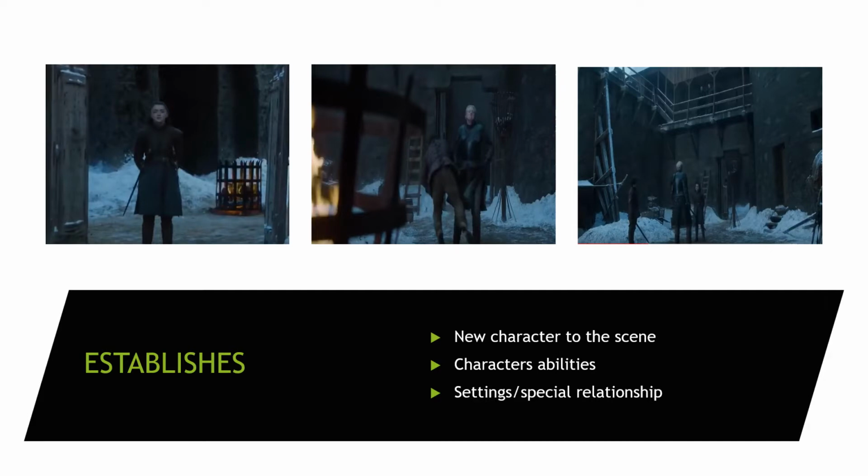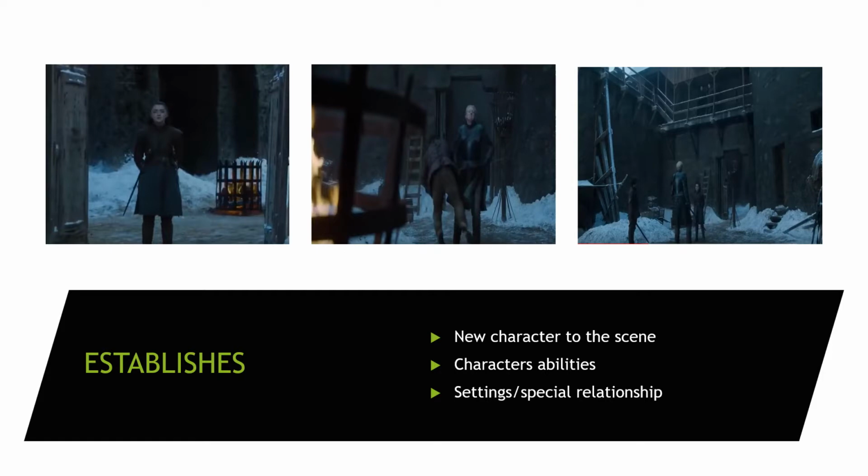So the first structural feature we're going to look at is establishing. This usually occurs at the beginning of the text, however, it can occur throughout as we as readers learn new things. For example, we may be introduced to a new character who's entering the scene, one we have not met before. Another example would be learning more about a character's abilities.